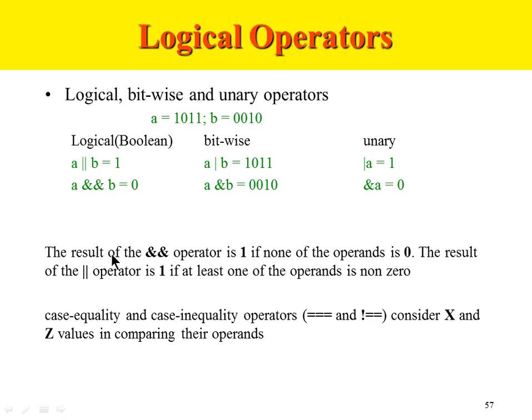Then we have something called case equality and case inequality operators, which have this 3 equal to sign and not equal to sign. What we saw earlier, equality operators will check if A is equal to B, and this will check if A is not equal to B. Now these 3 signs check if A is equal to B in case A or B has X or Z in it.